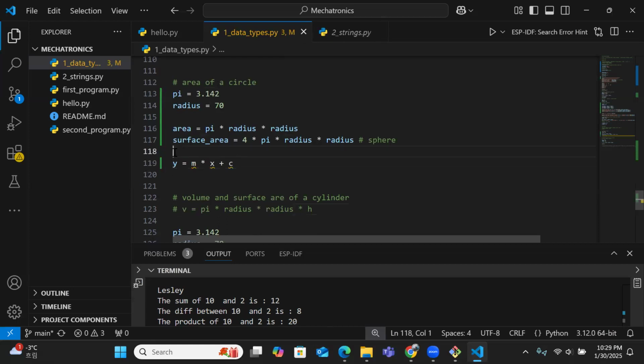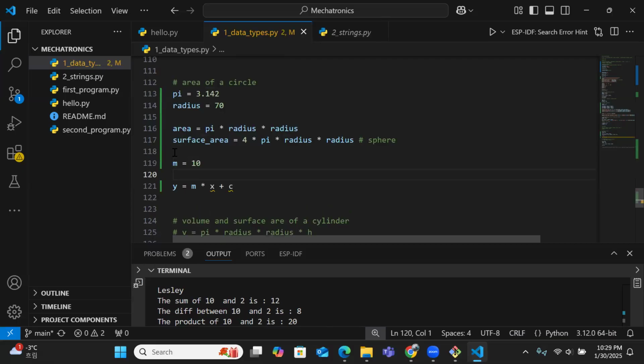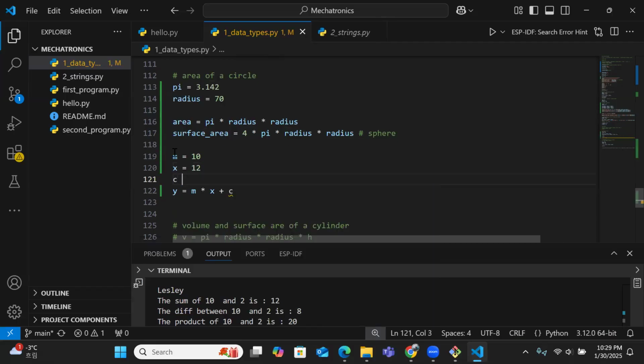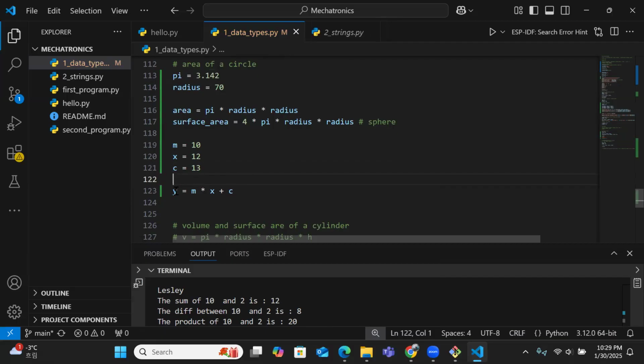So you can say m is equal to 10, x is equal to 12, just arbitrarily, and c is equal to 13, something like that. So y is equal to mx plus c.